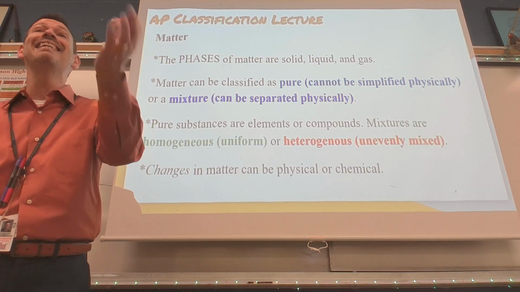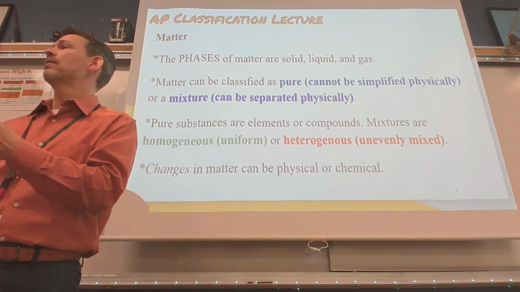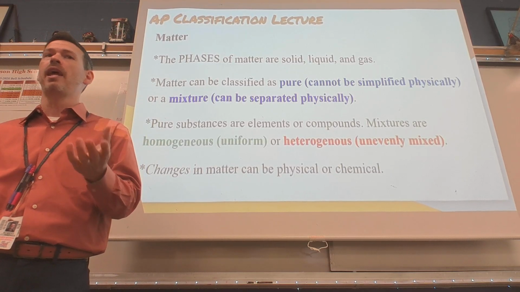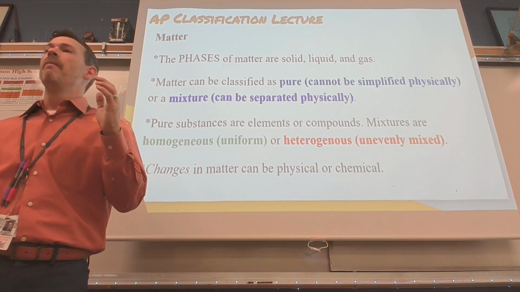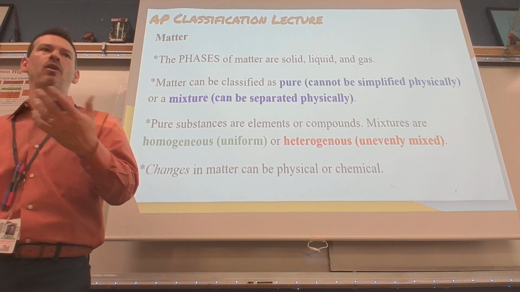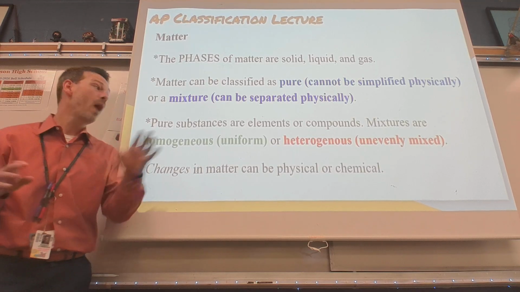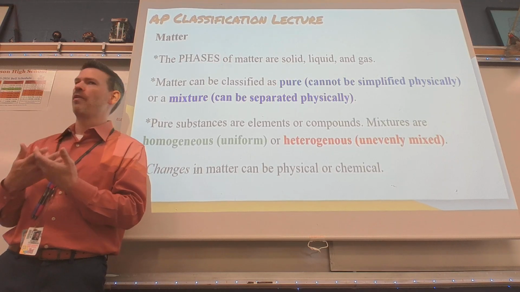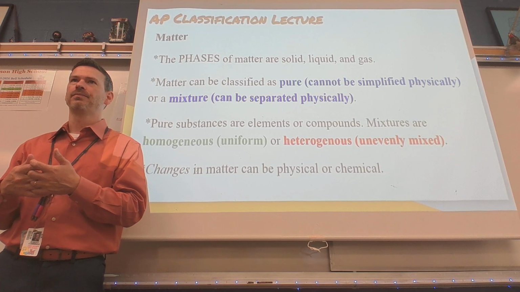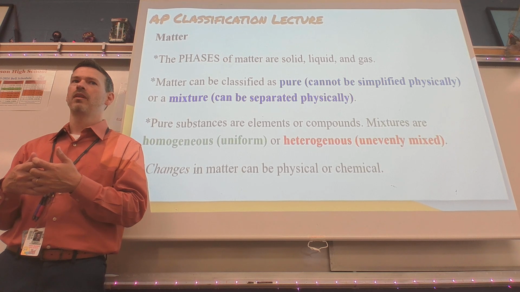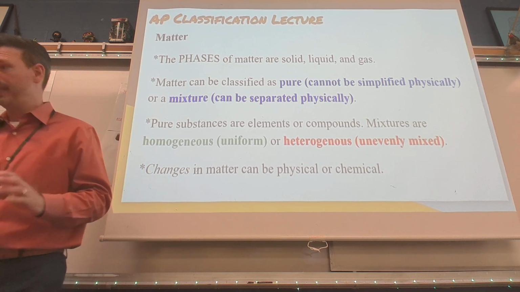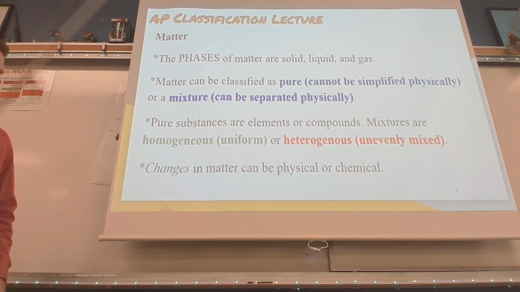It's also very easy to see those components. You can identify all of the parts very simply, way easier than you can a homogeneous mixture, because that's where they're harder to see.